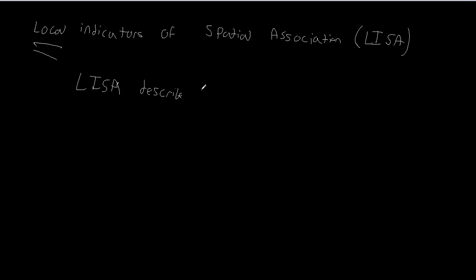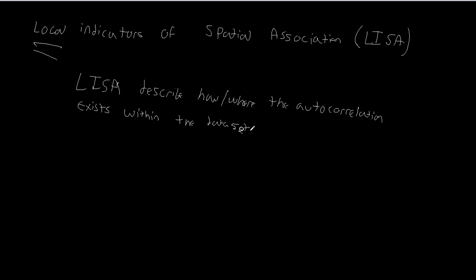Describe how and where the autocorrelation exists within the data set. Right, so Moran's I, that global measure, said whether or not it existed at all. This LISA is going to show you where.